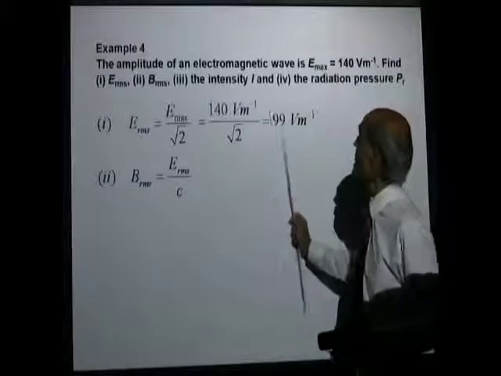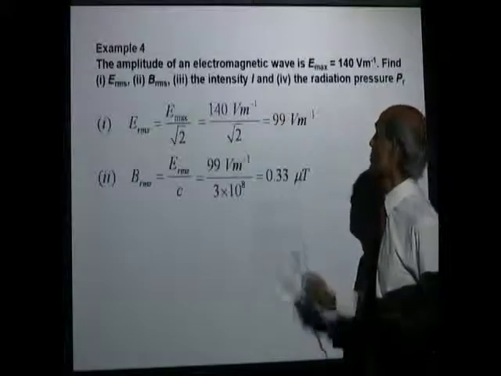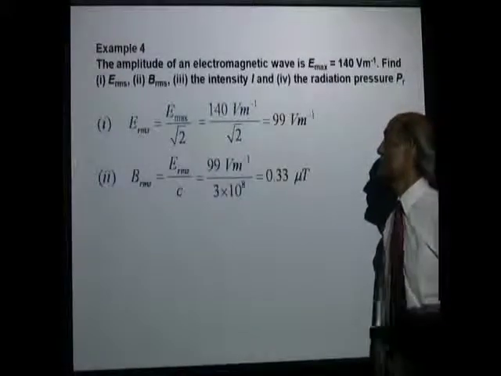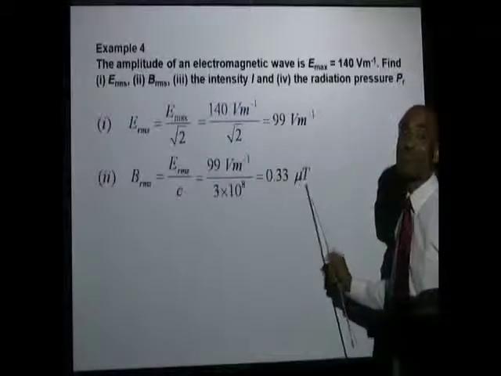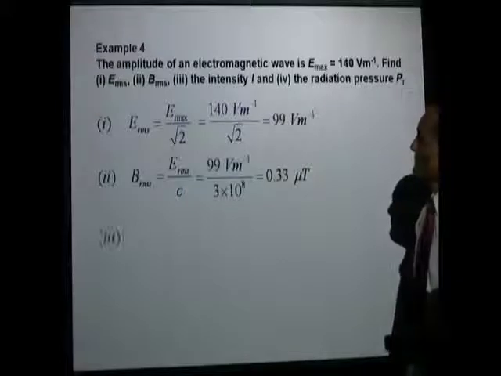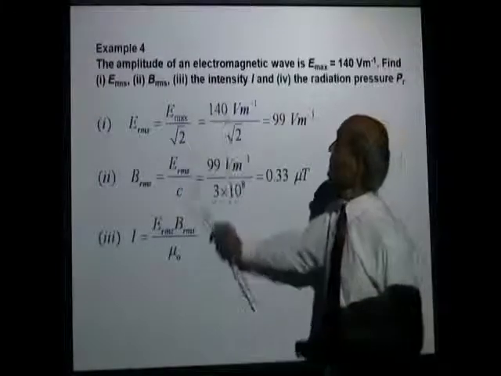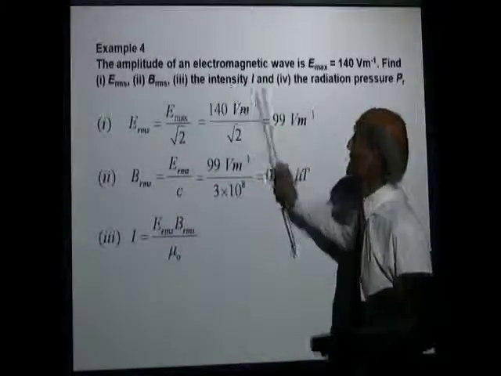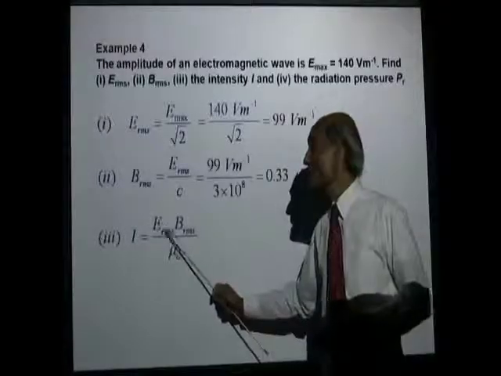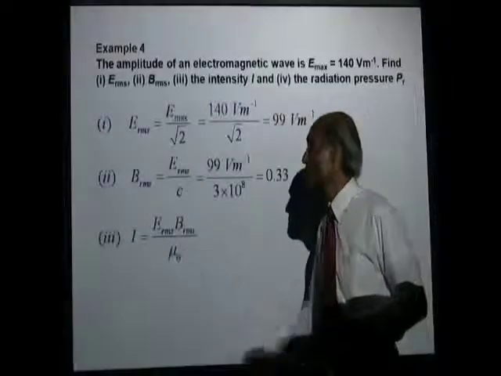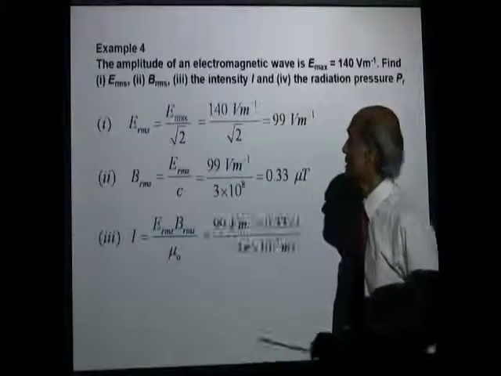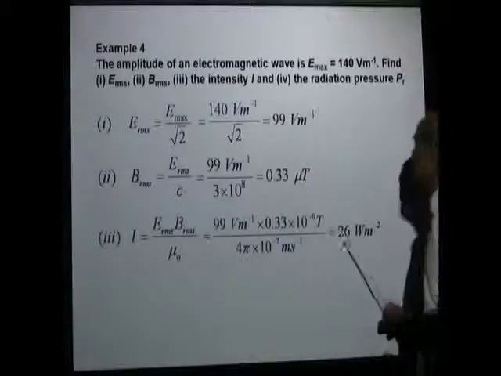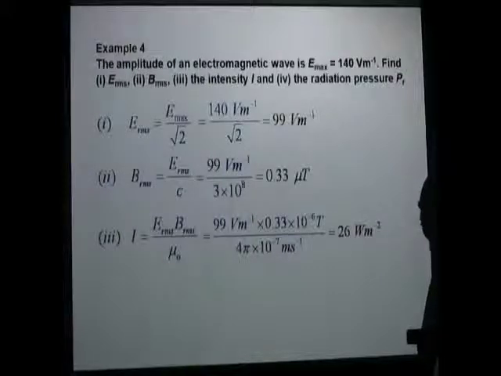So since we have E RMS, B RMS can be calculated as 0.33 micro Tesla. Now, the intensity is E RMS times B RMS divided by mu 0, and we have both these values, and that gives you the intensity as 26 watt per square meter.